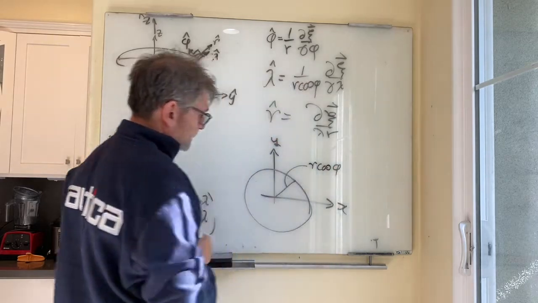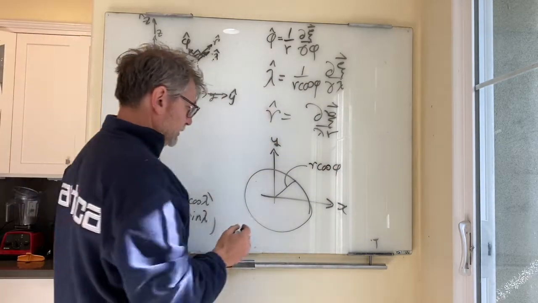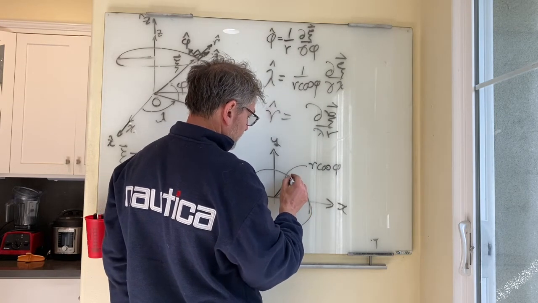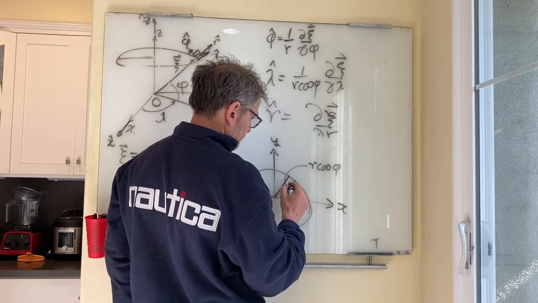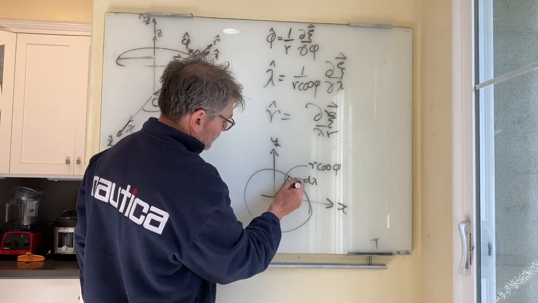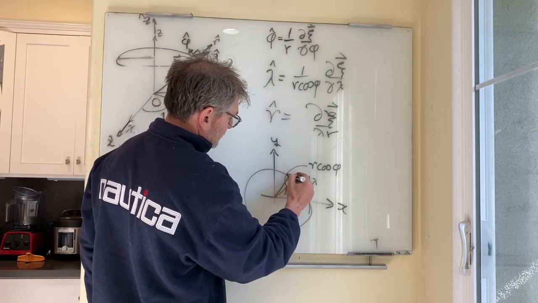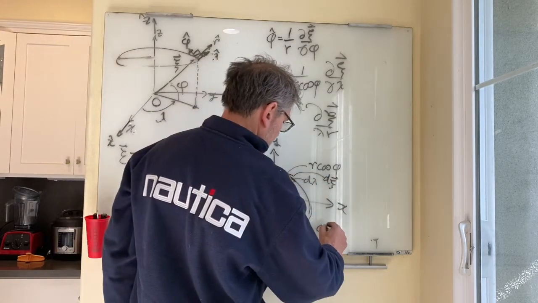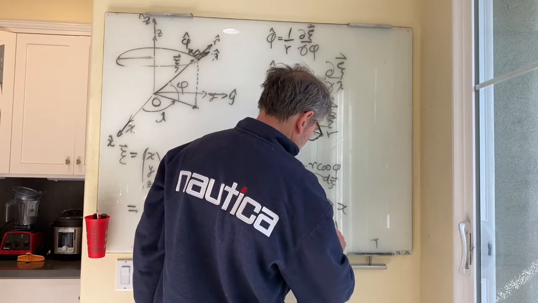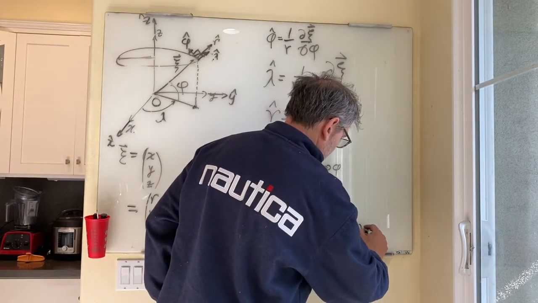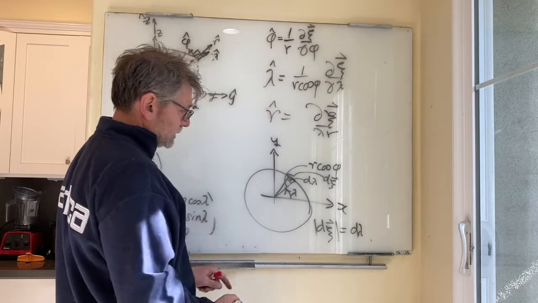That's the radius. And now if we imagine this is lambda, and we increment by a little bit, d lambda, this angle is d lambda, and we're going to get a small vector in this direction, dc. So the length of dc is going to be equal to that angle, d lambda, times the radius, and the radius is r cos phi.